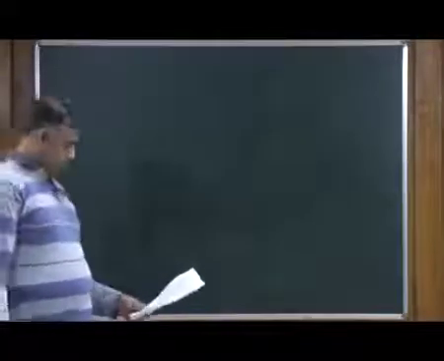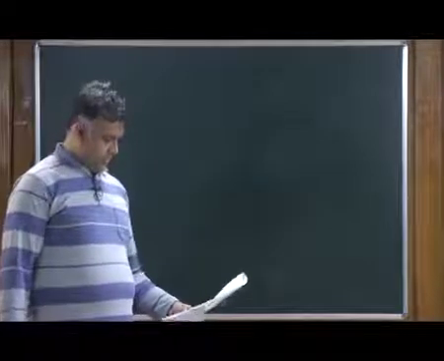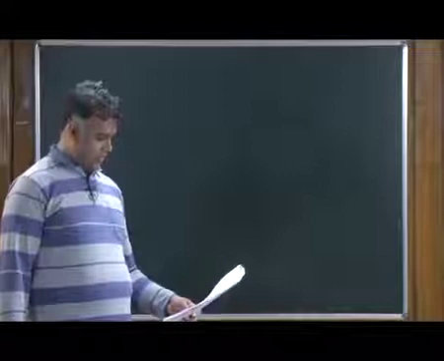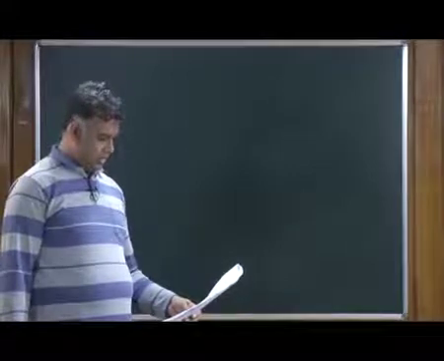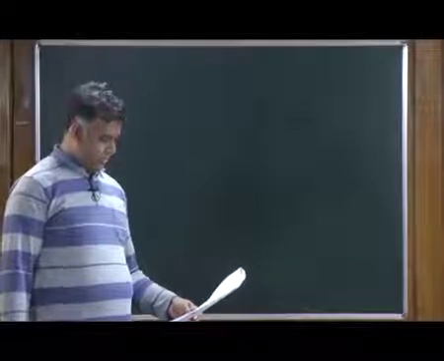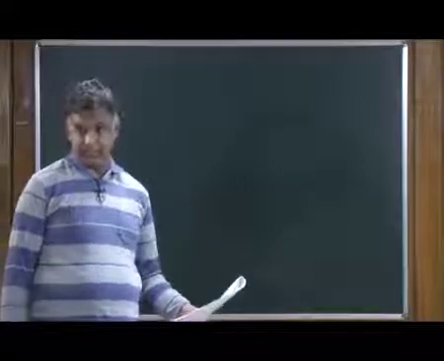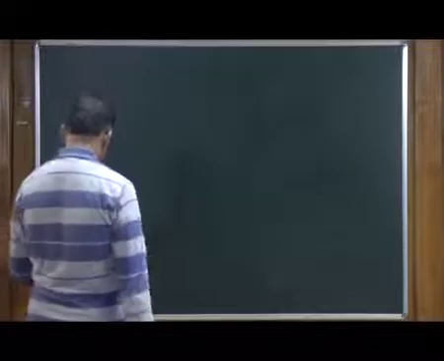Okay, let me read the problem. This is in-text question 2.10. Boiling point of water at 750 millimeter Hg is 99.63 degrees centigrade. How much sucrose is to be added to 500 gram water such that it boils at 100 degrees centigrade? Okay, so, this is a problem of elevation of boiling point.